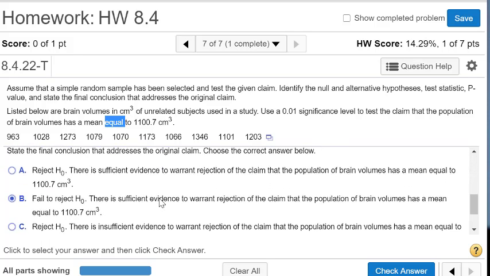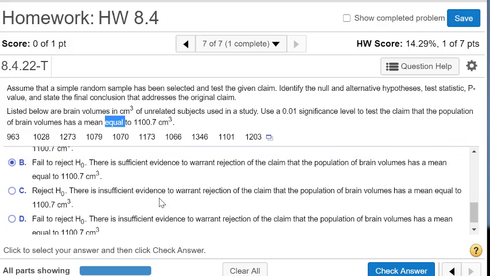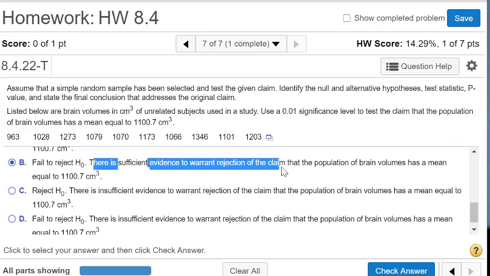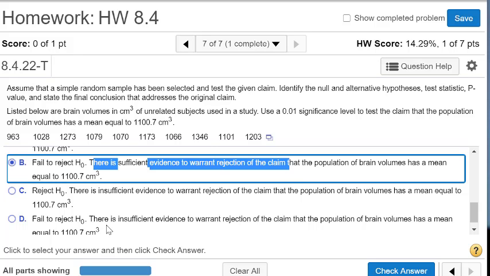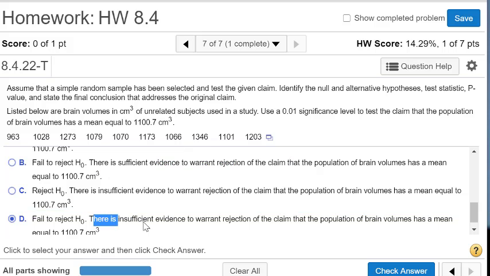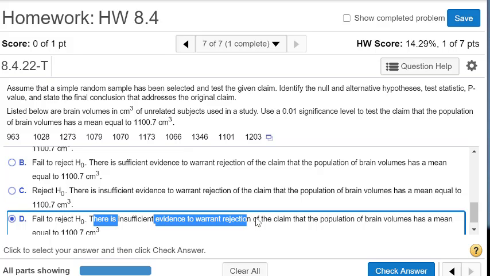So we were not able to reject the null hypothesis. So there's not sufficient evidence to reject the claim, which is the null hypothesis. The other choice for failing to reject is that there is insufficient evidence to warrant a rejection of the claim. Oh yeah, this is it. We're not able to reject the claim, so there's insufficient evidence to reject the claim. So our answer is going to be D.